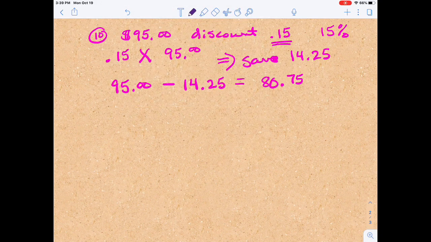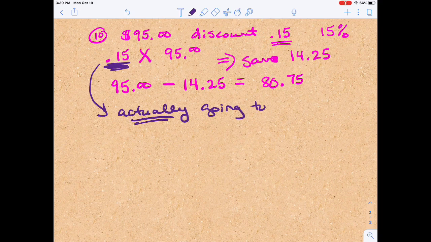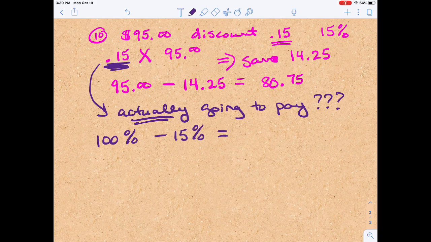Okay, is there a one-step way to do this? Yes, there is. If I'm being discounted 15%, that means I'm actually going to pay how much? Think about it. If you're discounting 15%, what's the other part of 100% that you're going to have to pay? It's 85%.